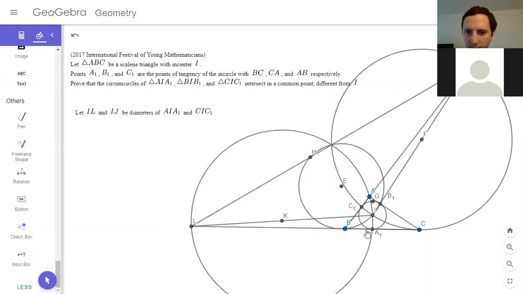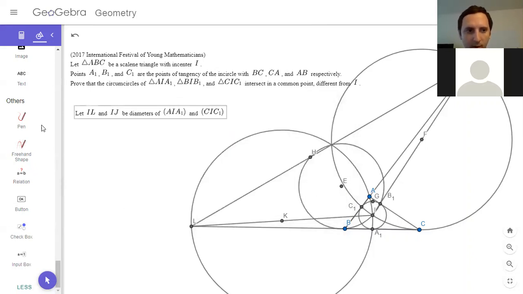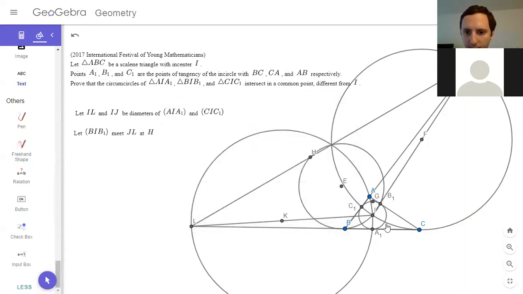And then let the circle BIB1 meet JL at point H. So I'm just gonna... And then we know that, yeah, how do we show that H is the antipode of I?